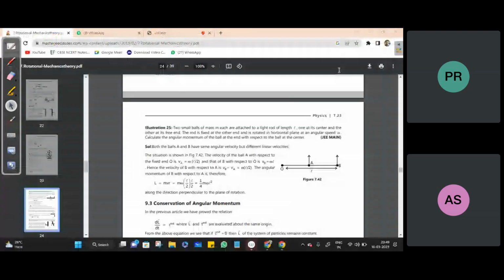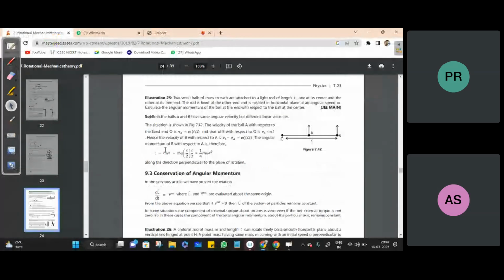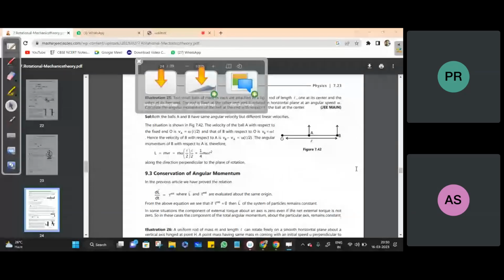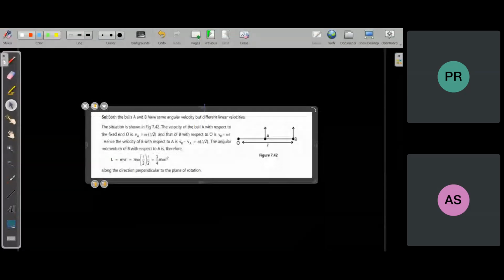Okay, let's see. 3 by 4 m omega, that is wrong. One is 1 by 4, so it's 1 by 4 m omega L square.